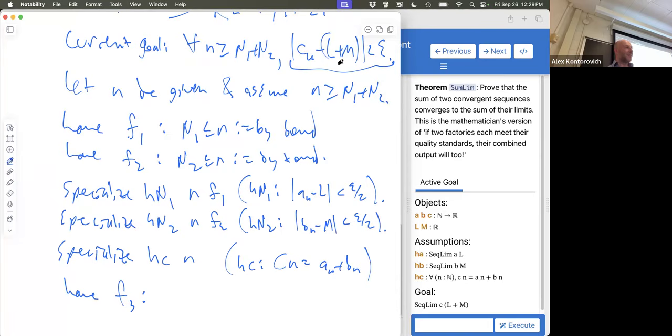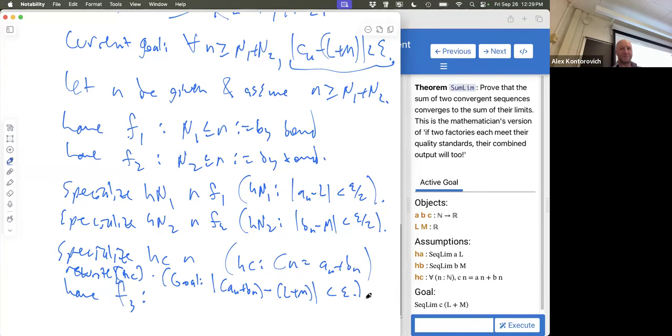Let's get rid of that Cn. So rewrite HC at the goal. That will make the goal An plus Bn. So the new goal is that the absolute value of An plus Bn minus L plus M is less than epsilon.